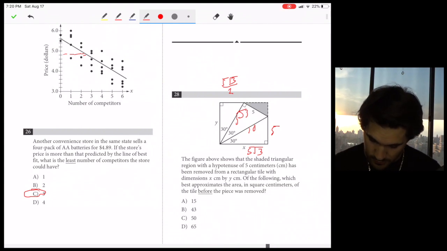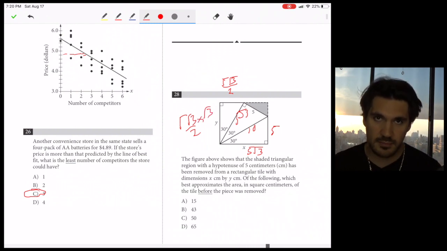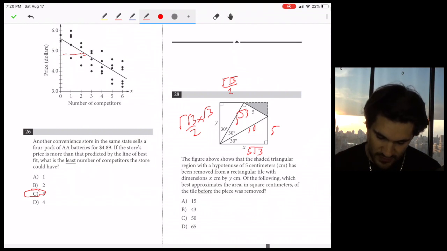And therefore, we can now calculate what y is going to be. Well, y is going to be 5 root 3 over 2 times root 3. Root 3 times root 3 is 3. 5 times 3 is 15. So y is 15 over 2.